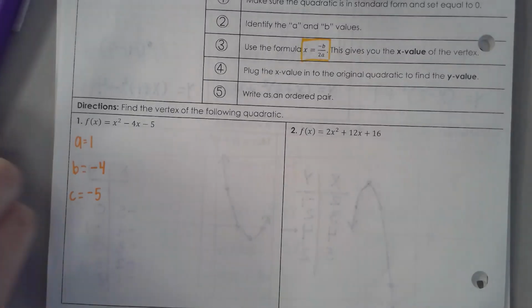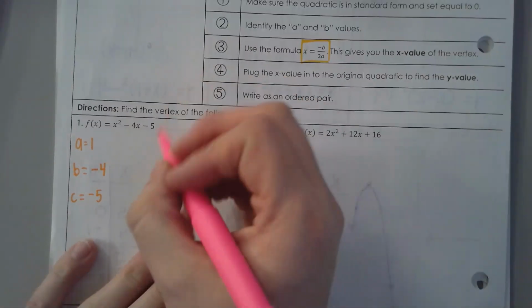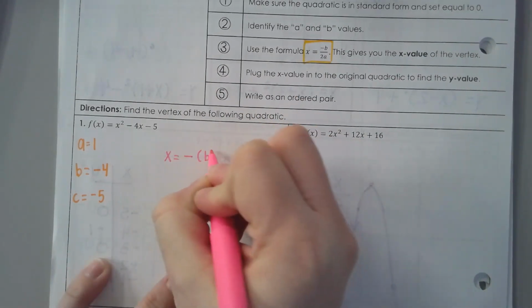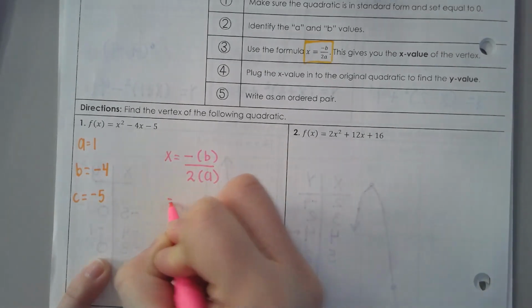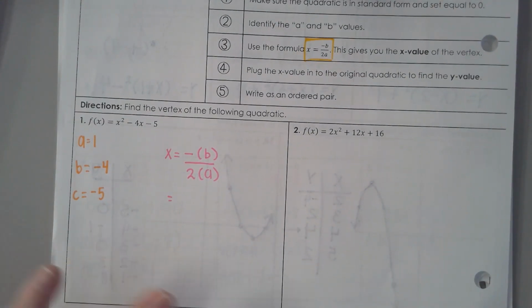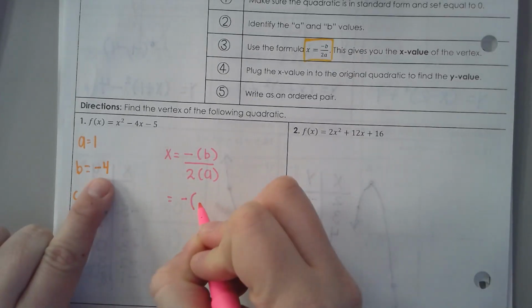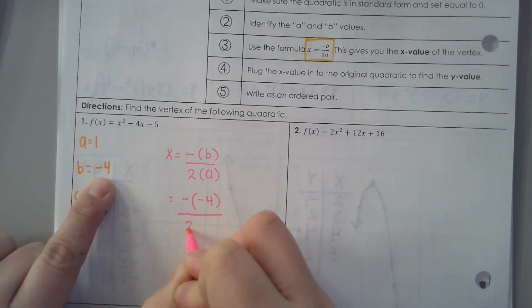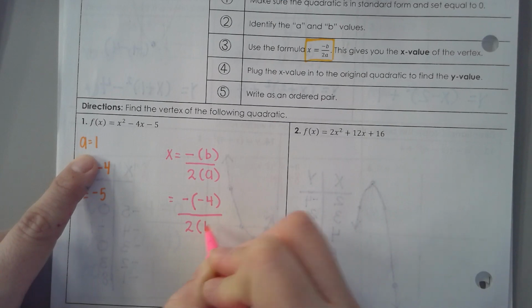So when we find the vertex, we first find the x value. That's -b over 2a. So negative, what's my b? -4 over 2 times my a, which is 1.